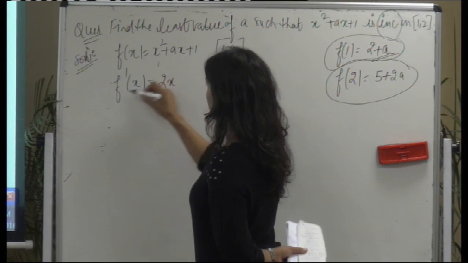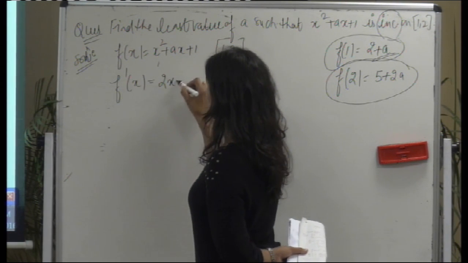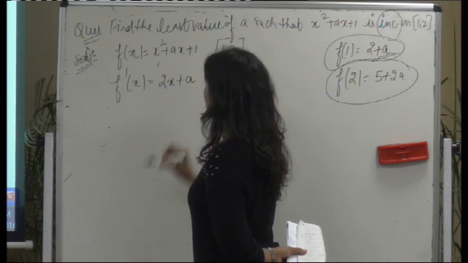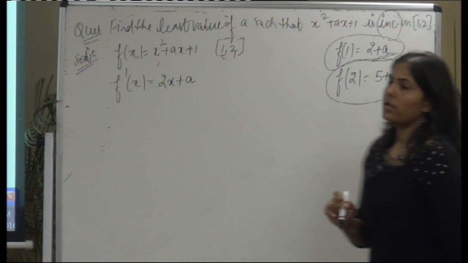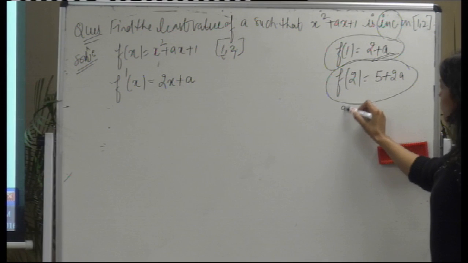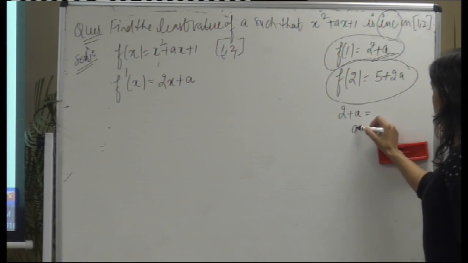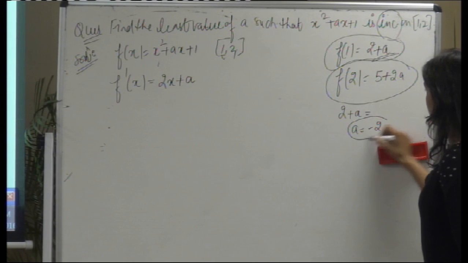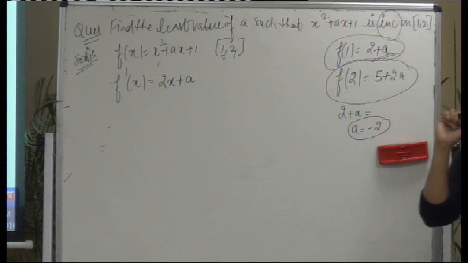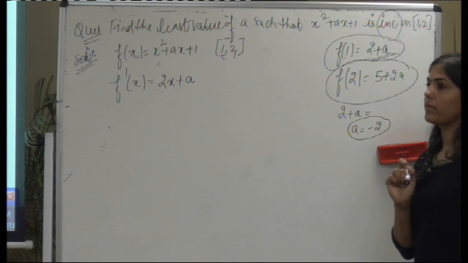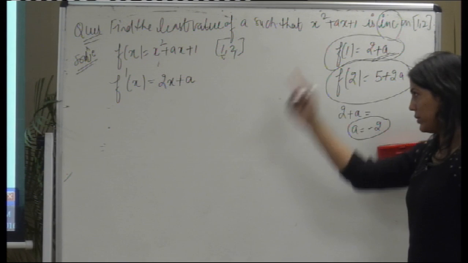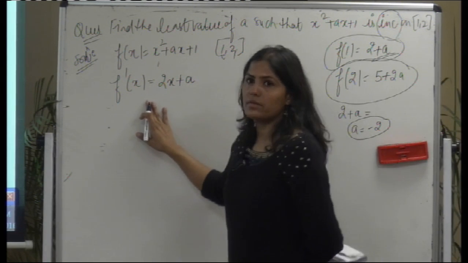Okay, now let me find the derivative. The derivative will be 2x plus a. Someone is saying a should be minus 2. On what fact is she using this? Okay, please see here.